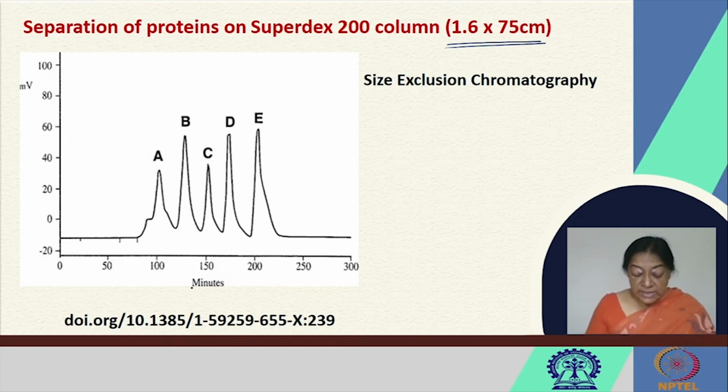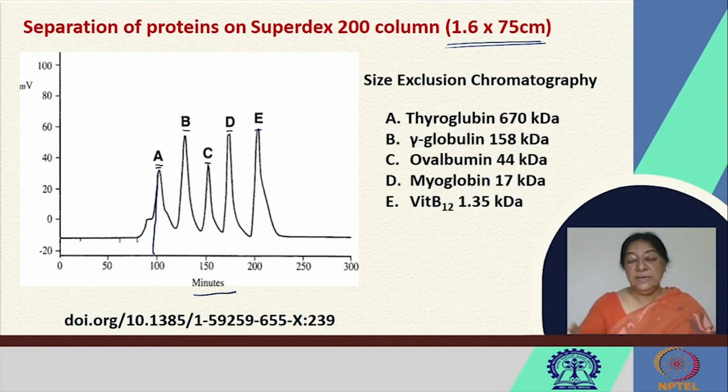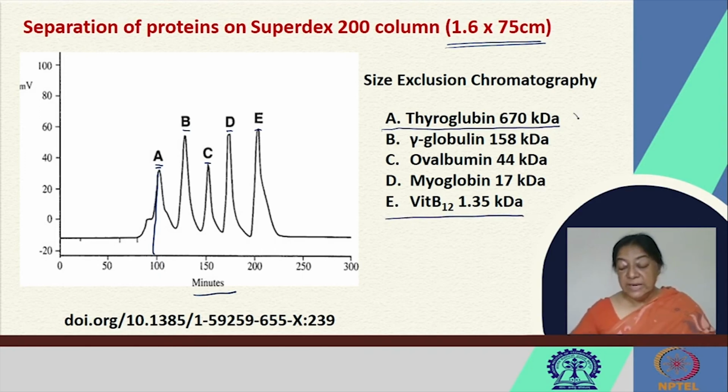We see in the minutes that have elapsed through the column running, molecule A comes out first, followed by B, C, D and E. So A comes out first and E comes out last, indicating that A has a large molecular weight and E has the smallest molecular weight. So this is an indication of the molecular weight distribution.